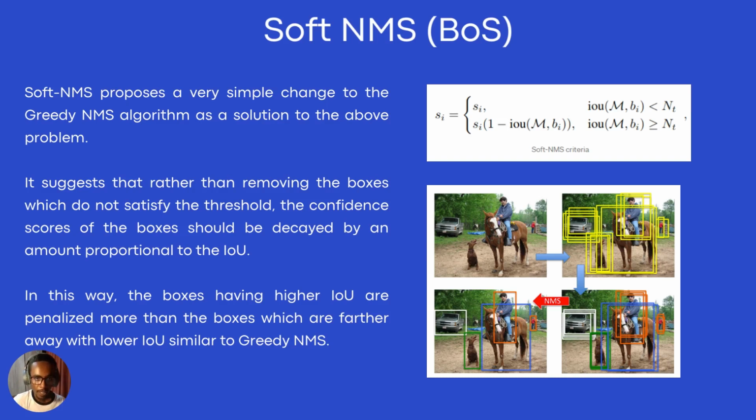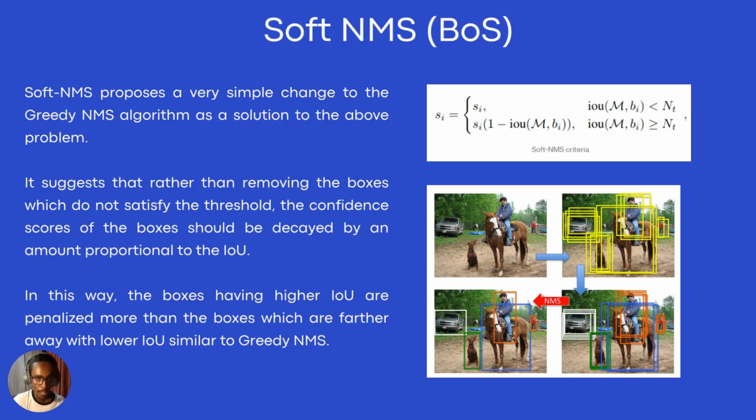So we just multiply Si by 1 minus the IOU of the box with the maximum confidence score and the rest of the boxes. We give a very small term instead of giving a value of 0, and it gets penalized by the 1 minus IOU term.